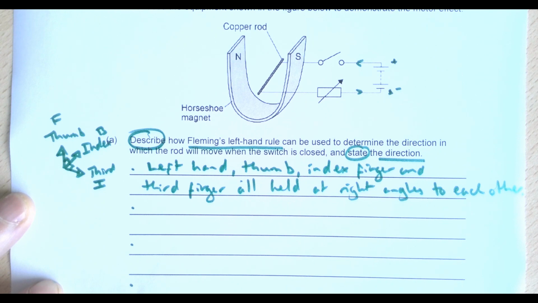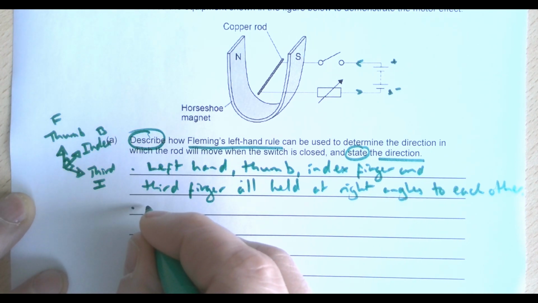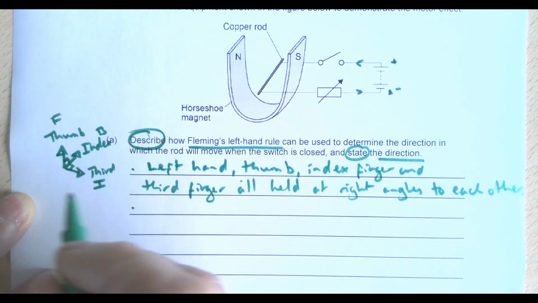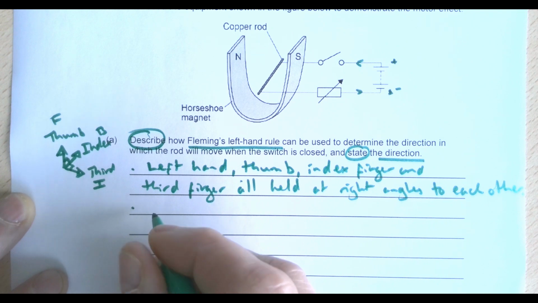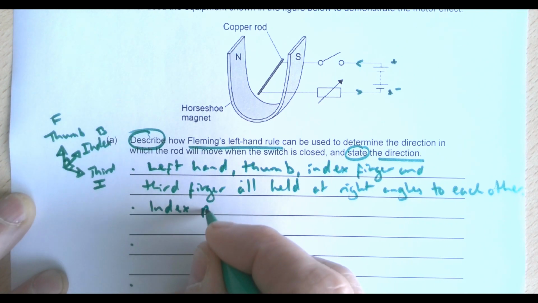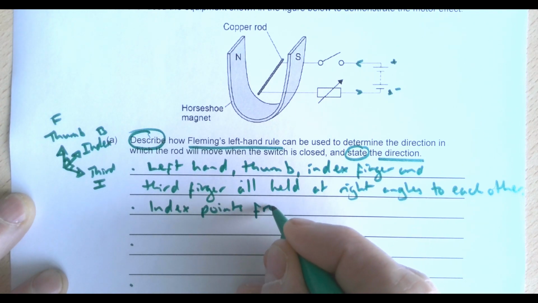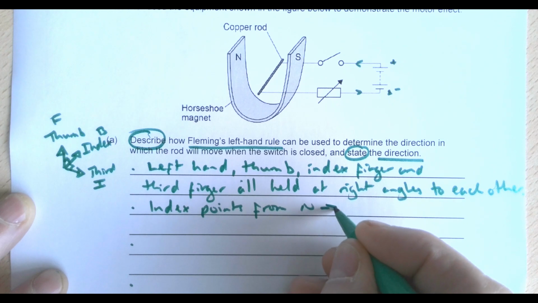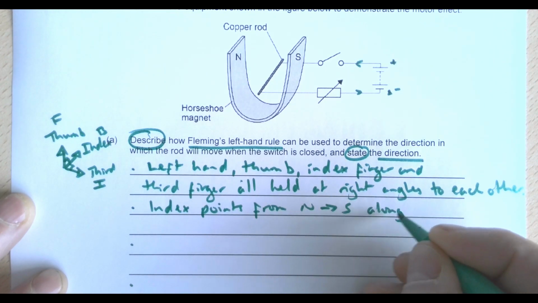So then we need to describe what's going on. Your index finger, so we need to state the direction. We're going to try and find the force. Index finger points from north to south along the magnetic field.